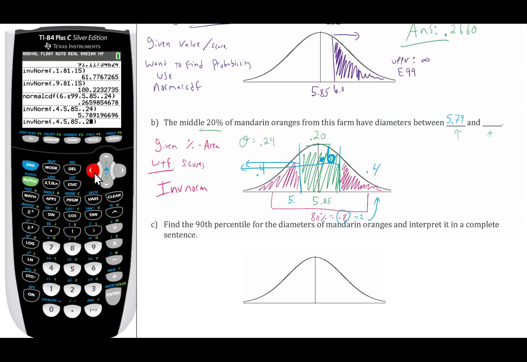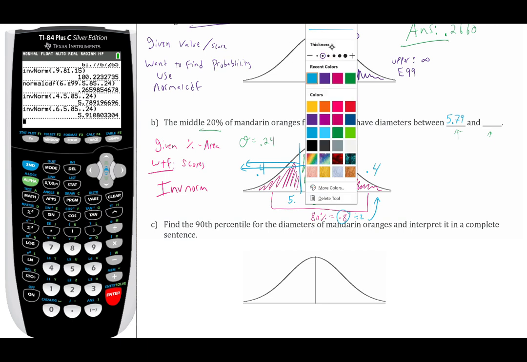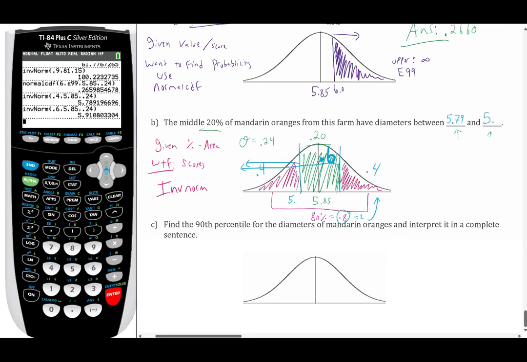Go back and change this to 0.6. Probably would have been faster to use second vars. Again, if you have the older display calculator, you just have to use the comma wherever you need to type the commas in. And we'll get that the upper value is 5.91.